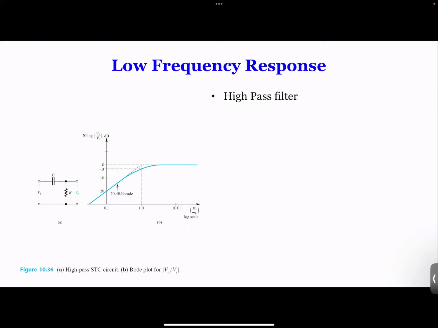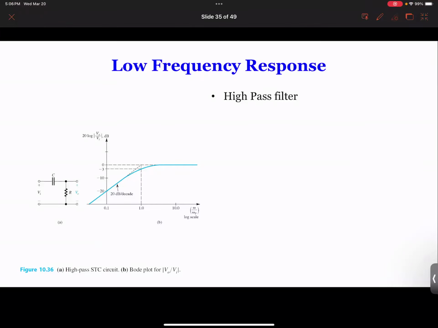So that's easy. In this example, what we're doing is really just getting the voltage. The frequency dependent C is on the input side, and if you write your output VO, you can write it as a voltage divider, which is 1 over SC divided by R plus 1 over SC, times Vin, right? So that's how you write the equation. And you can manipulate this equation by putting Vin on this side.